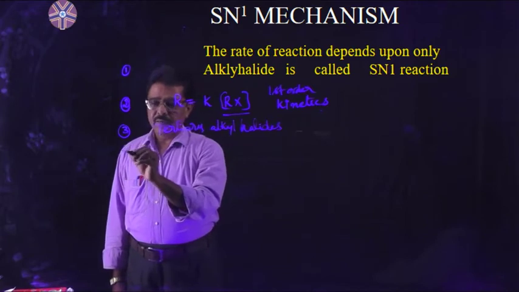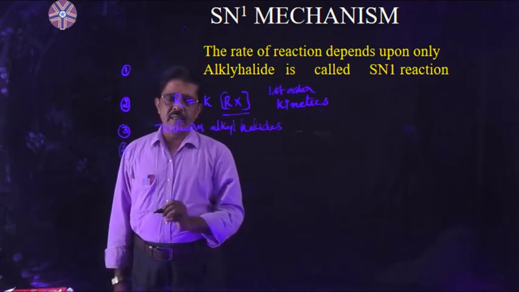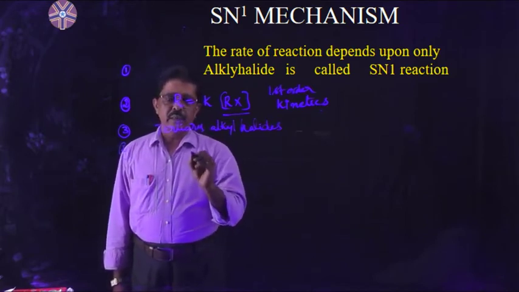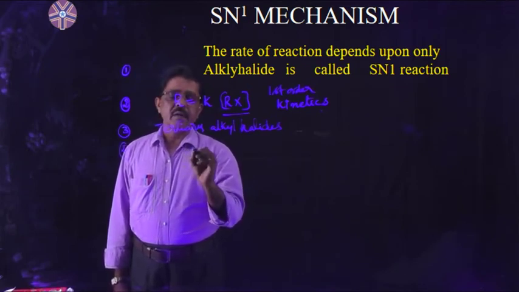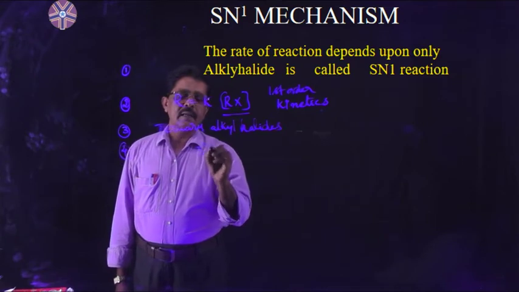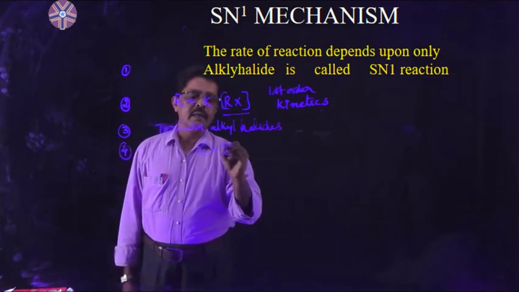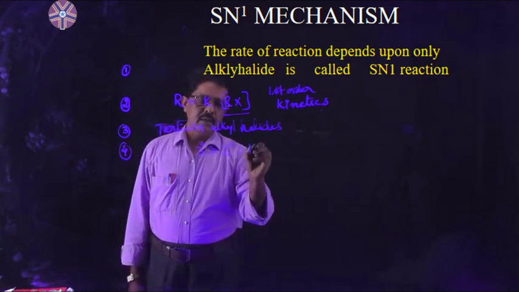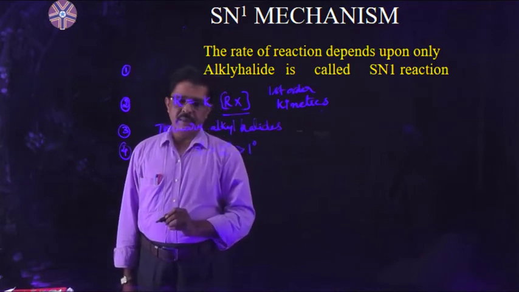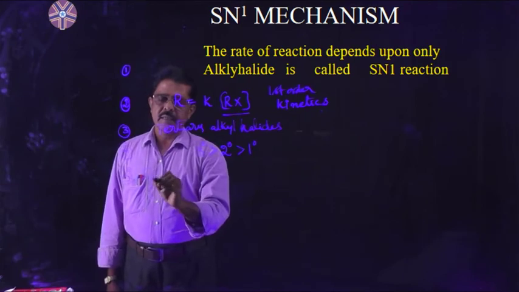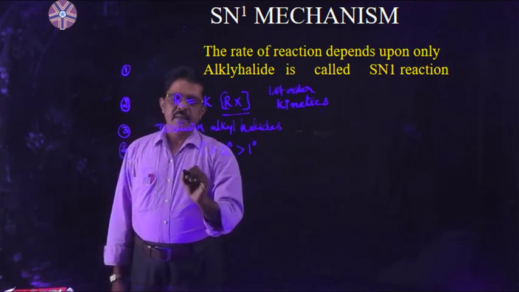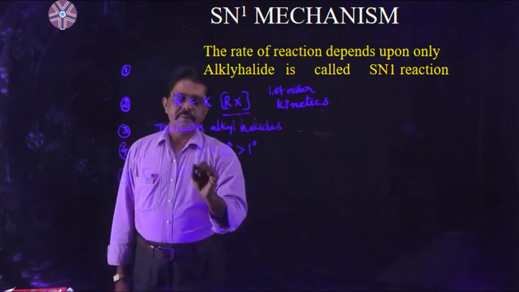The order of reactivity of alkyl halides towards the SN1 reaction is 3 degree alkyl halides greater than 2 degree alkyl halides greater than 1 degree alkyl halides. The example of this SN1 reaction is tertiary butyl bromide.